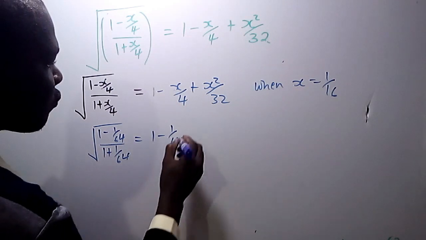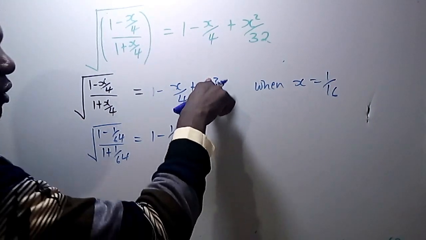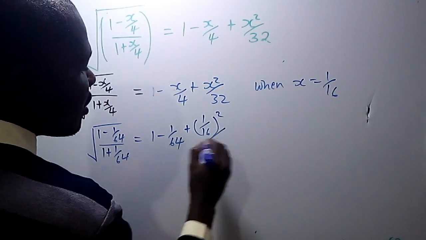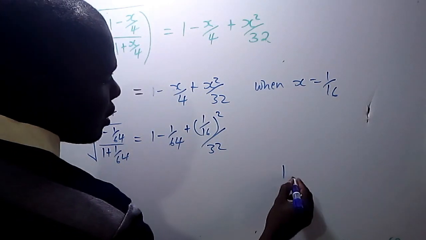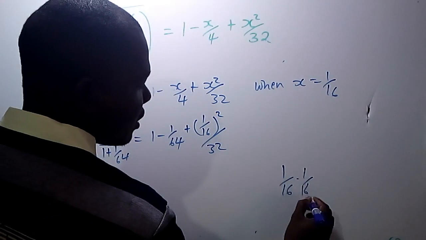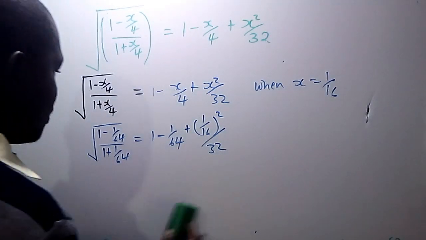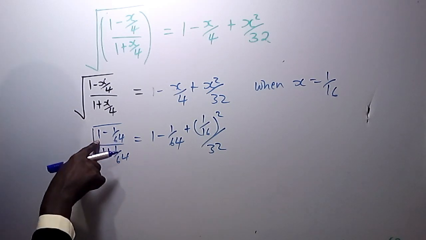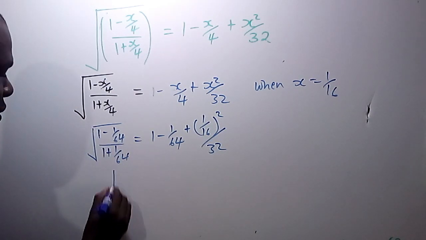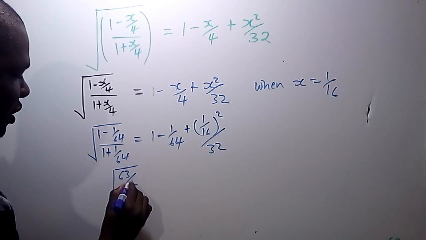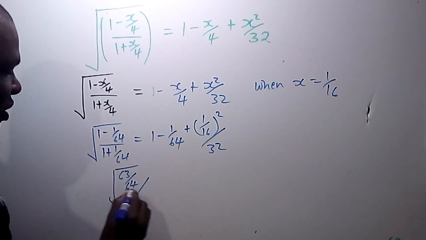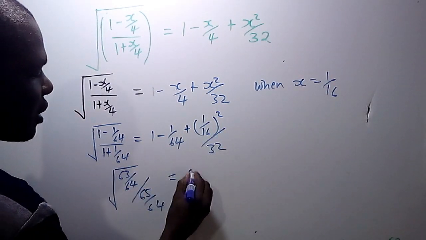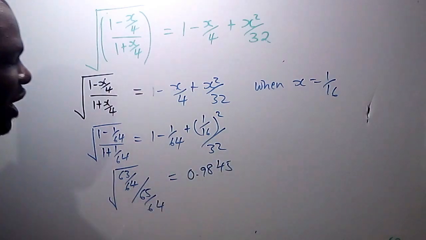Then plus 1 over 16 squared, there we have 1 over 16 squared divided by 32. So 1 over 16 squared is 1 over 16 times 1 over 16, divided by 32. Then you simplify. 1 minus 1 over 64 is 64 minus 1, 63 over 64. So that is root 63 over 64 divided by 1 plus 1 over 64, which is 65 over 64. If you work this out in the calculator, you'll get 0.9845.